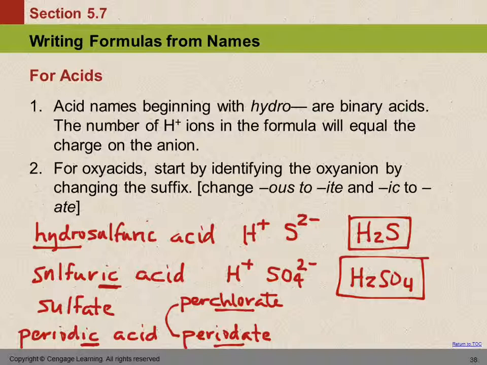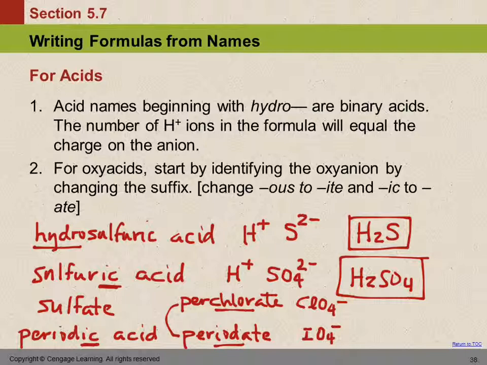So perchlorate is ClO4 minus. And so to make periodate, we're just going to swap in an I for chlorine, and we're going to get IO4 minus. You can do this with bromate too, bromine.